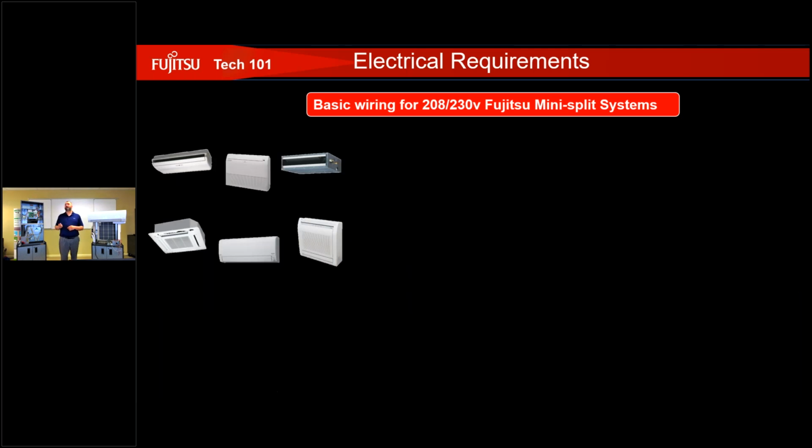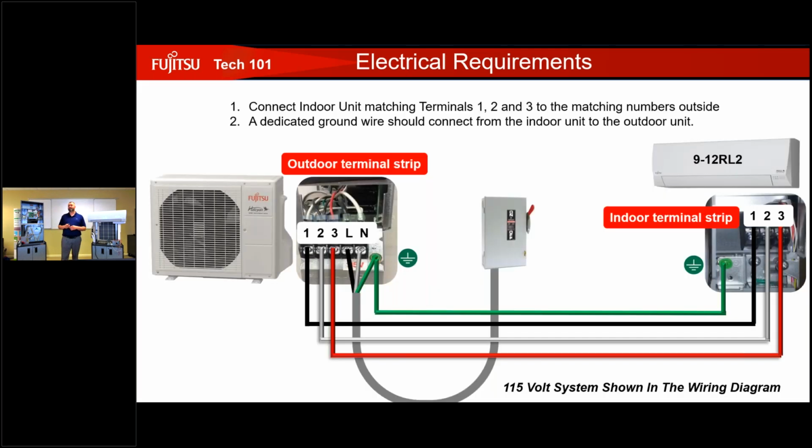So let's take a step back here. We'll take a look at the 115 volt system again, and the differences. At this outdoor unit, we have power at our 1 terminal, we have our 2 terminal as our neutral, and we have our 3 terminal as our communication line.